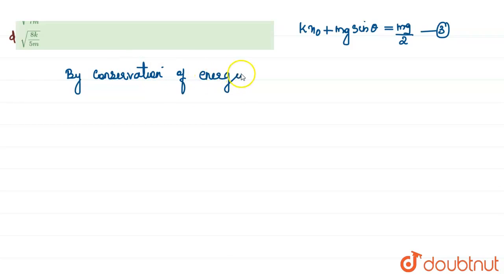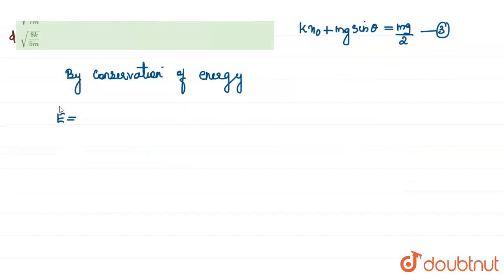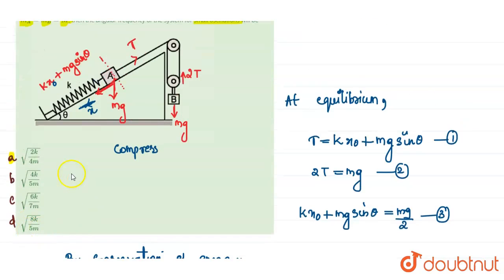we can write the total energy E is equal to, first of all, the energy of the spring. Initial distance is x0 and we compress to x. So the potential energy of the spring is half k into (x plus x0) whole square, plus the kinetic energy of mass A, which is half mv square, plus, if we compress the spring to x distance, this mass will move upward by a distance x by 2 with a velocity v by 2.